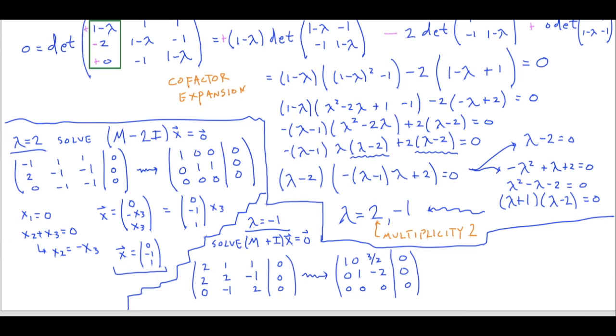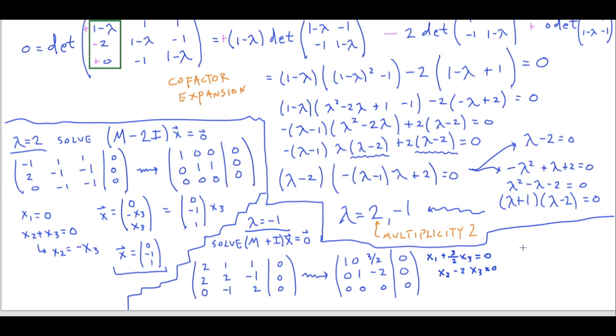I have once again skipped over the specific steps required to reduce this matrix, but this is the reduced form. And now if I write these rows in variable or equation form, the first row tells me that x1 plus 3 halves x3 equals 0. And the second equation tells me that x2 minus 2x3 equals 0.